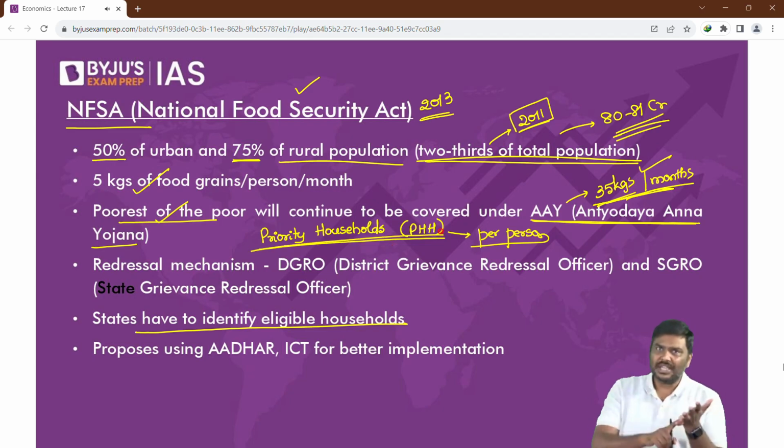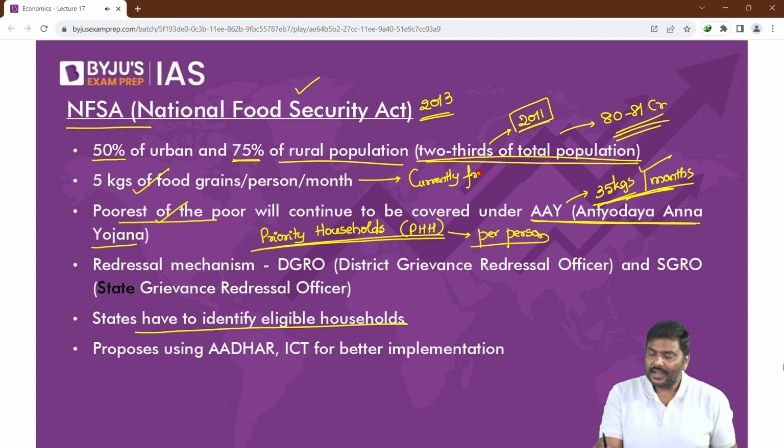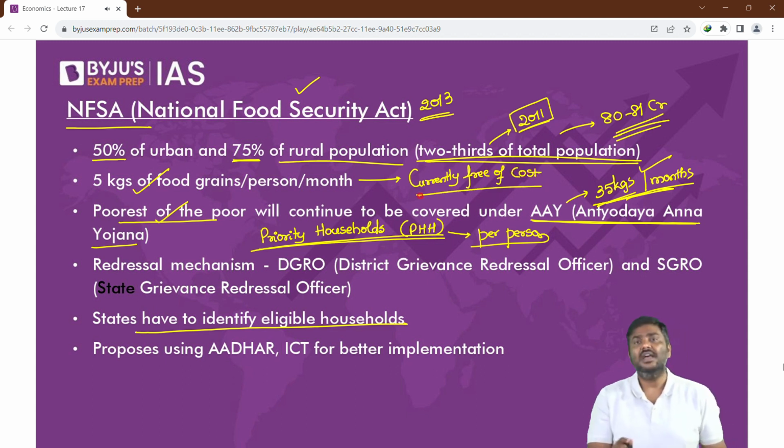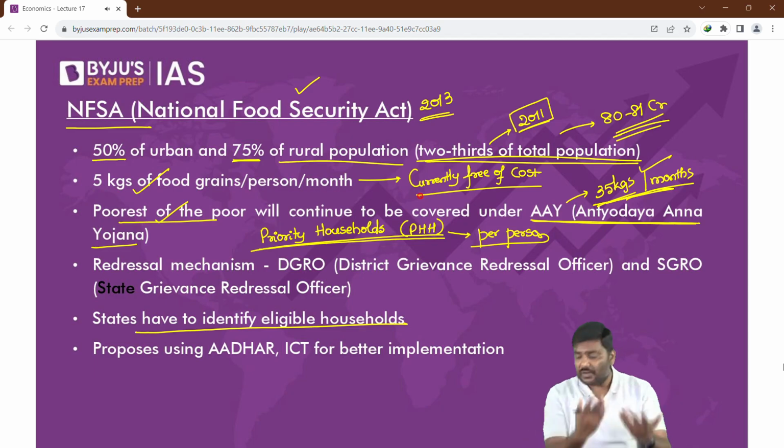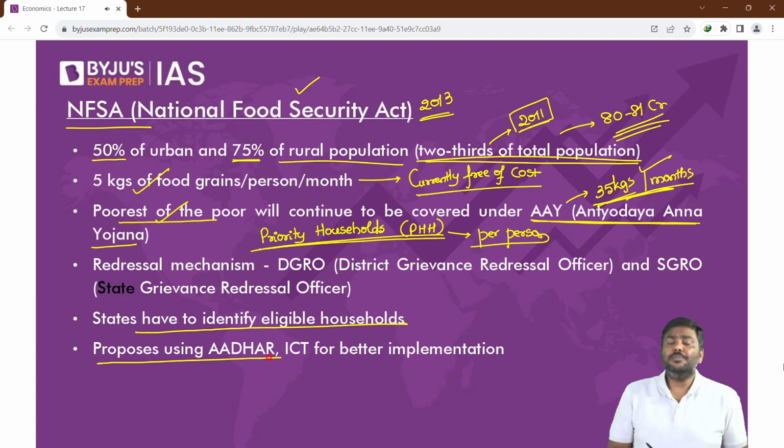And right now, please remember this year, these food grains, either you are a PHH or AAY, are provided currently free of cost. Please remember this point. For this year, Government of India says we will provide these food grains free of cost.